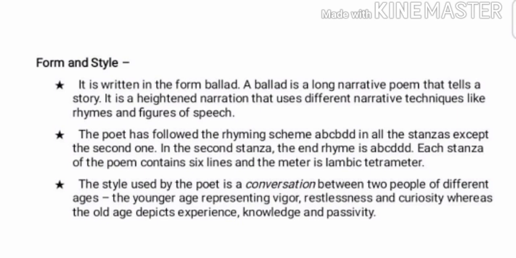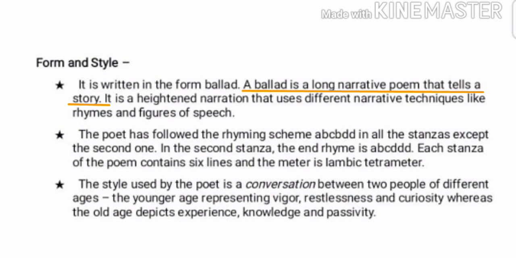So let us quickly look into the important elements of the poem, form and style. The poem After Blenheim is written in the form of a ballad. What is a ballad? A ballad is a long narrative poem that tells us a story. It is a heightened narration that uses different narrative techniques like rhymes and figures of speech.